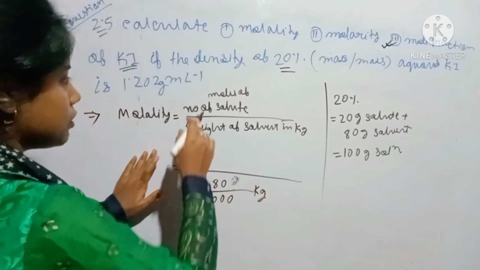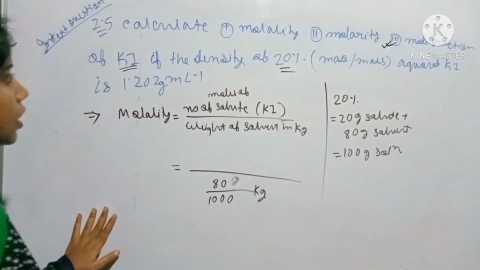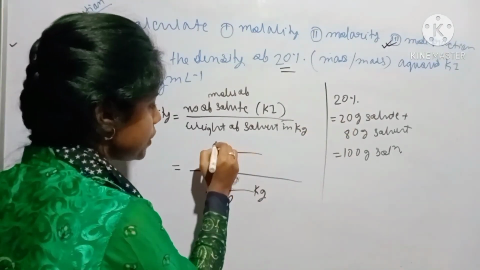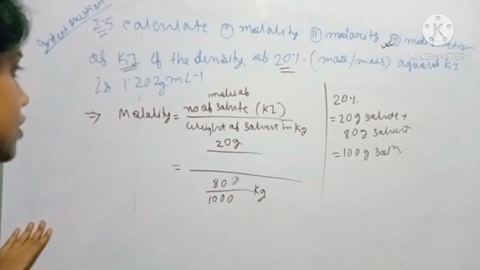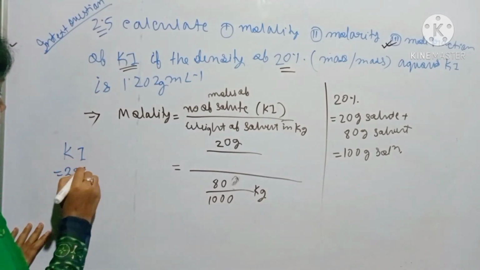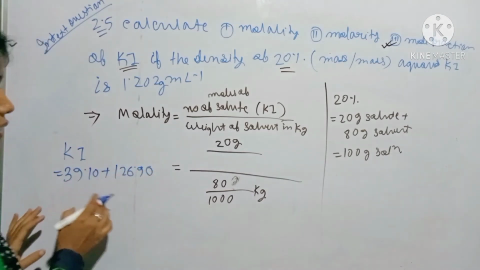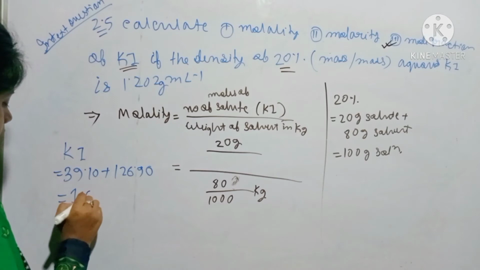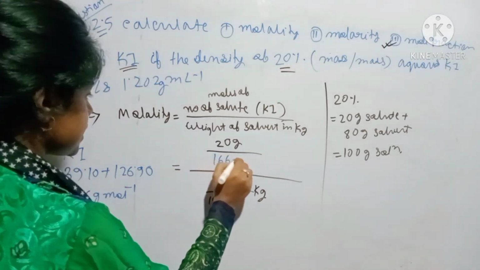Now we have to calculate the number of moles of solute, that means KI moles. The weight of KI is 20 gram, so moles is given mass by molar mass. We have to calculate the molar mass of KI. The molar mass of K is 39.10 and I is 126.90. You can also use 39 plus 127, which is also correct. So it's 166 gram per mole.